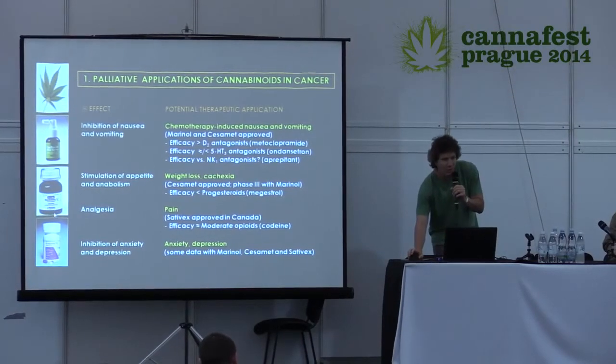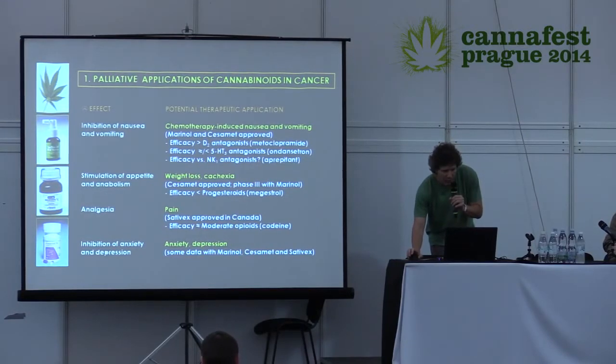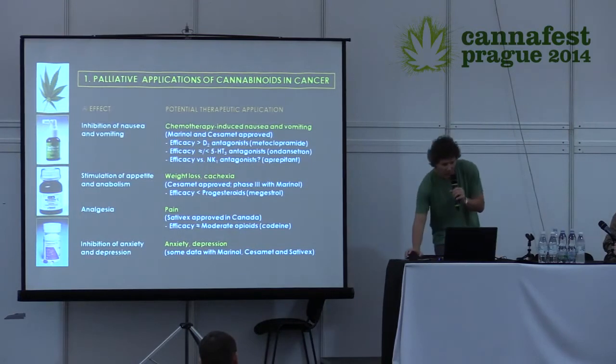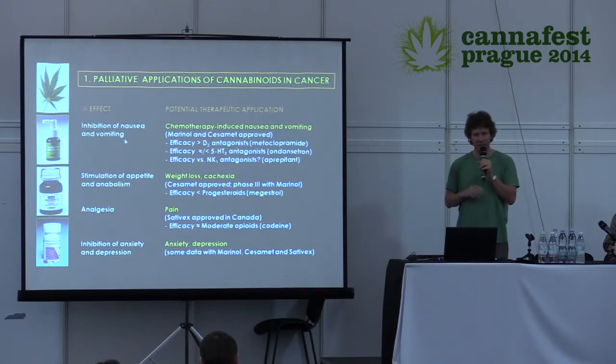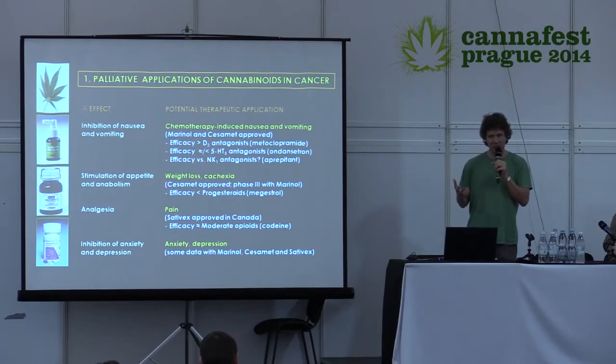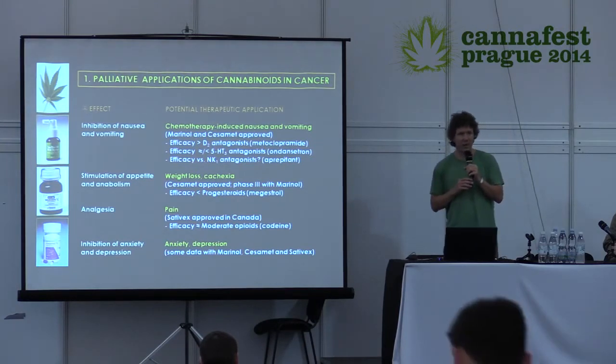Irrespective of what is the origin of the cannabinoid, for instance, THC, these are, I think, the most relevant applications of cannabinoids in cancer palliation. The first one you know very well is the inhibition of nausea and vomiting. You know that chemotherapy in cancer many times induces nausea and vomiting, and it's really very nasty for the patients.